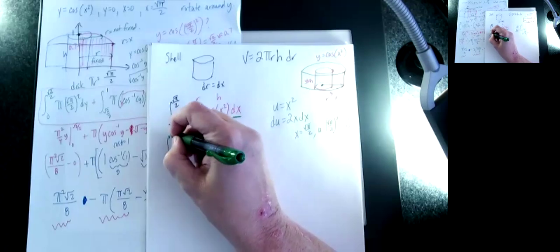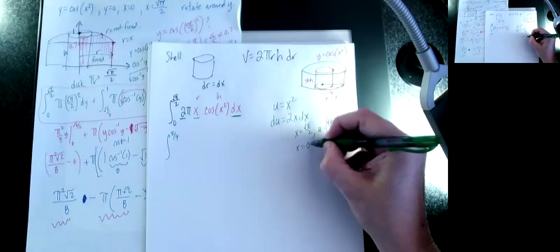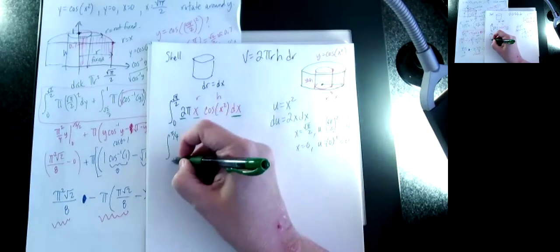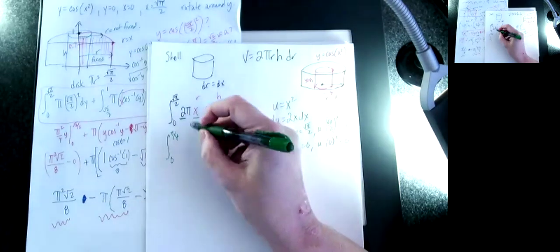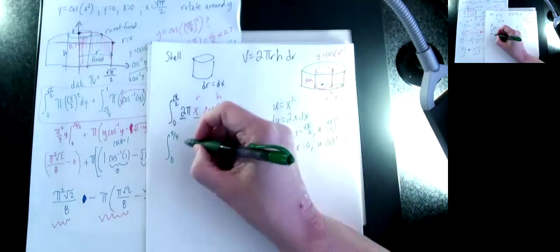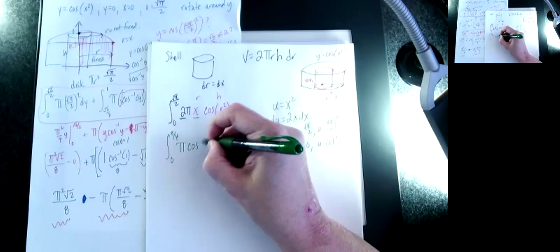So my upper limit will be pi over 4 now. My lower limit is still 0. And all I have left, the 2x got eaten up doing my U substitution. All I have left is a pi cosine of U du.